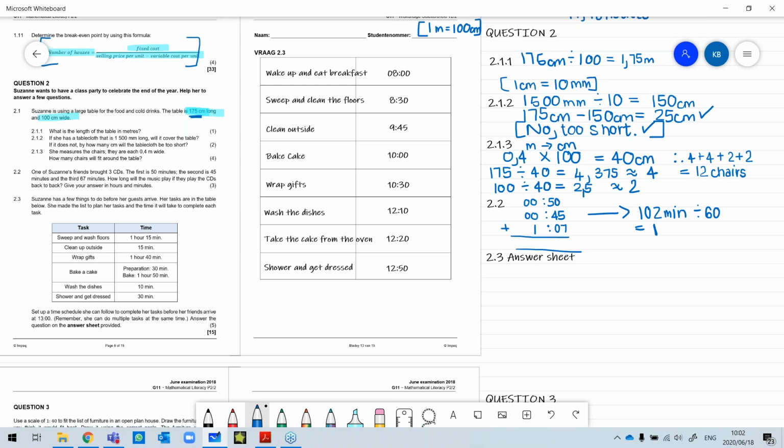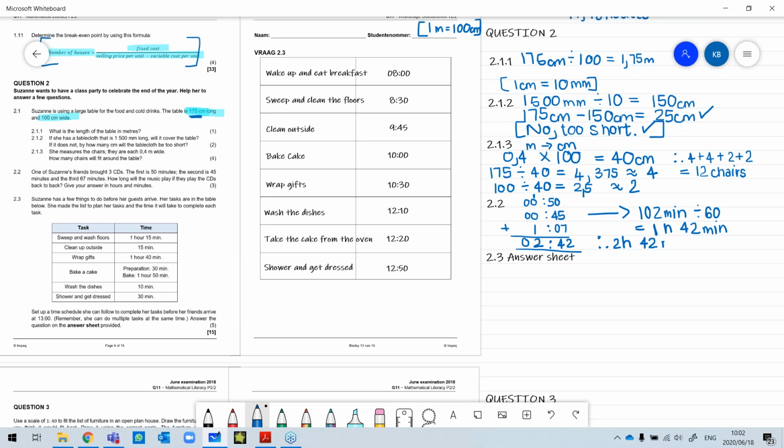And then there are 42 minutes remaining. So this means, going back to our original question, 42 minutes and 1 hour. Now we're going to count up our hours as 1, 2 hours. Therefore, my final answer will be, the CDs are going to be playing for 2 hours and 42 minutes.